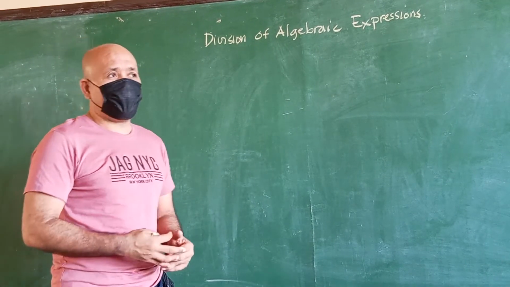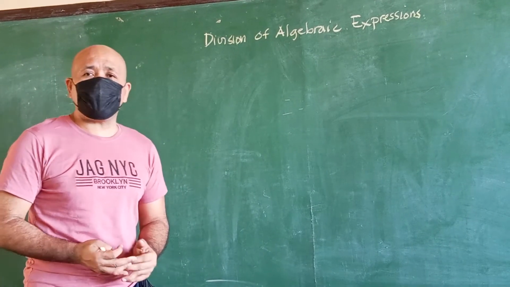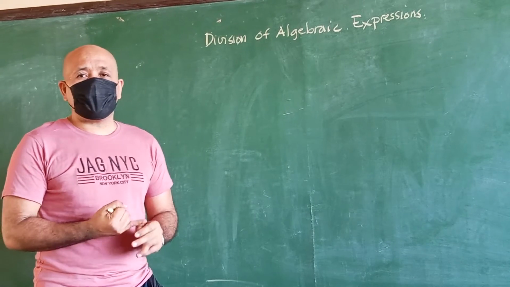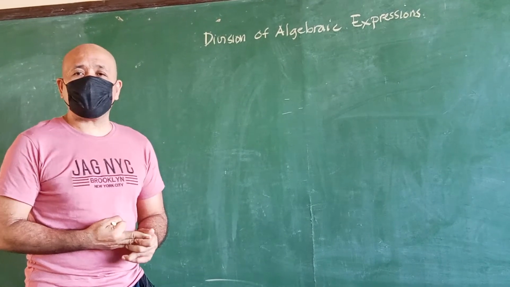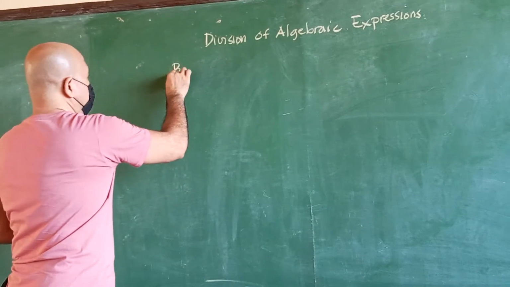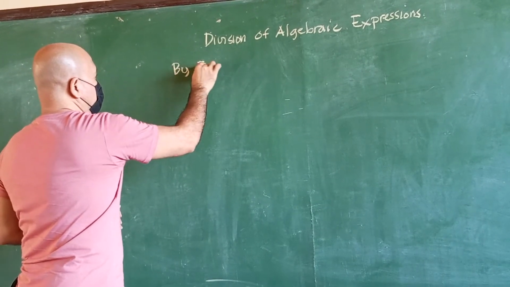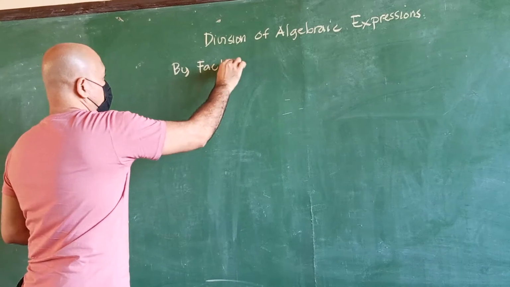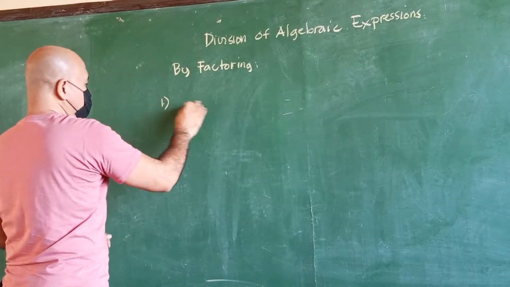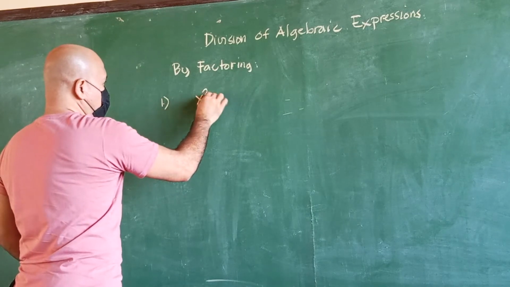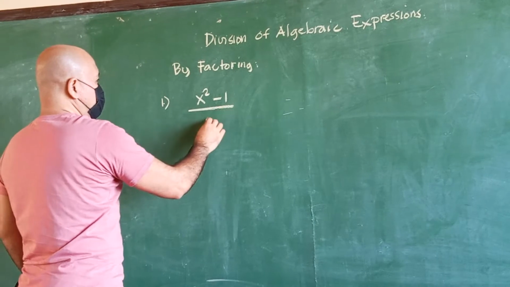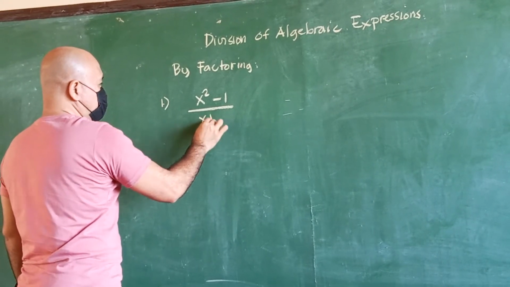So this time, we will try to divide algebraic expressions where the divisor could be a binomial, trinomial, or multinomial, if possible. Okay, we're still in factoring method. For example, you have here x squared minus 1 divided by x plus 1.